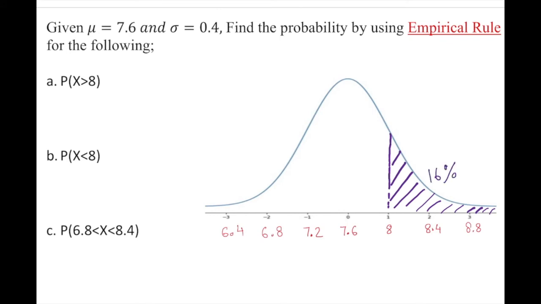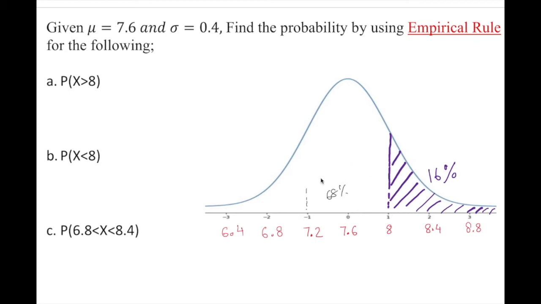Now I can do it a little bit different way. Instead of going over that one, we know that within 1 standard deviation is going to be 68%. But I have something here on the left side. So this is 68%. Now what is this total? Total is going to be 100% here.